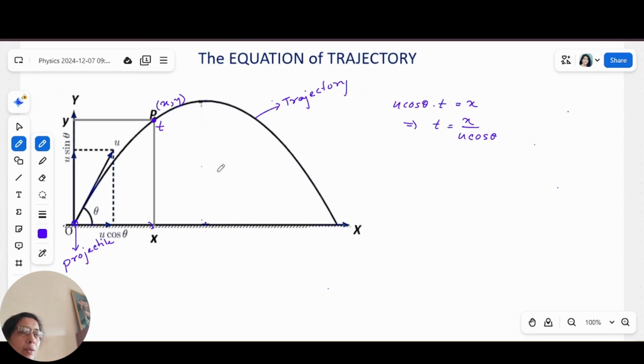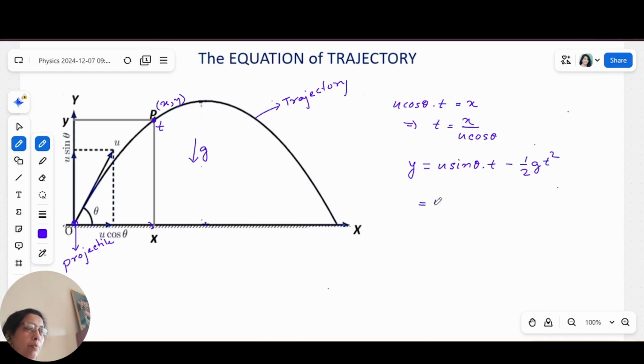Now, to calculate the value of y, we need to consider the acceleration due to gravity also. The initial vertical velocity is u sin theta, and from second equation of motion, we can write y is equal to u sin theta into t minus half of g t square.